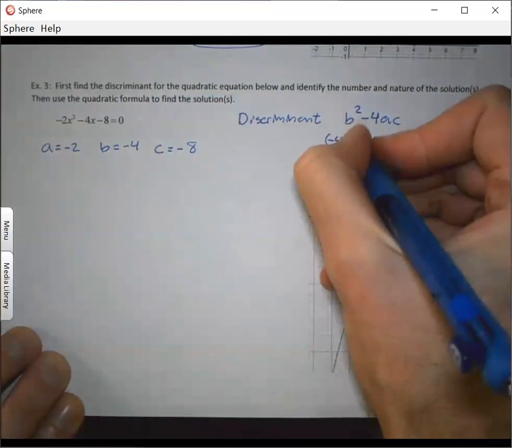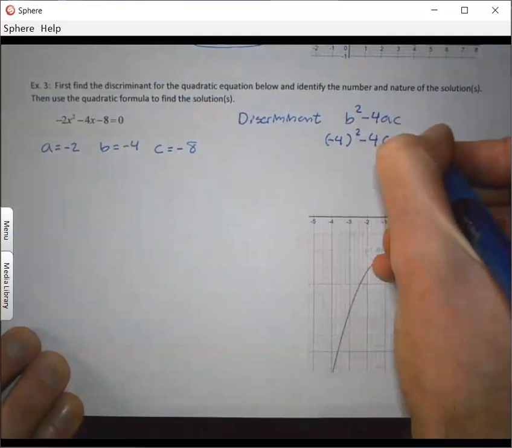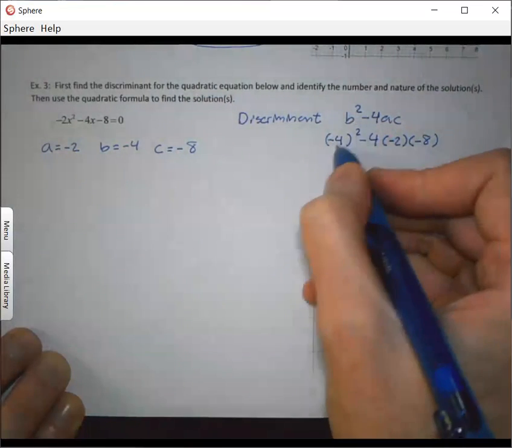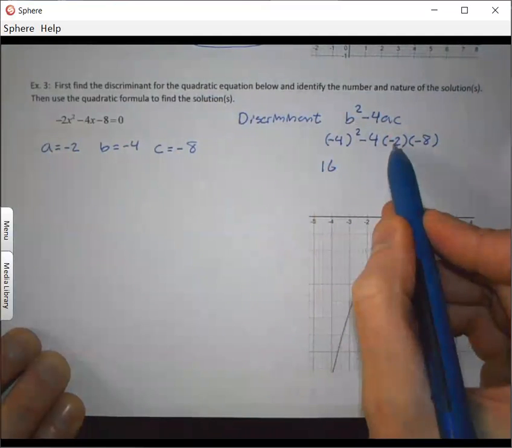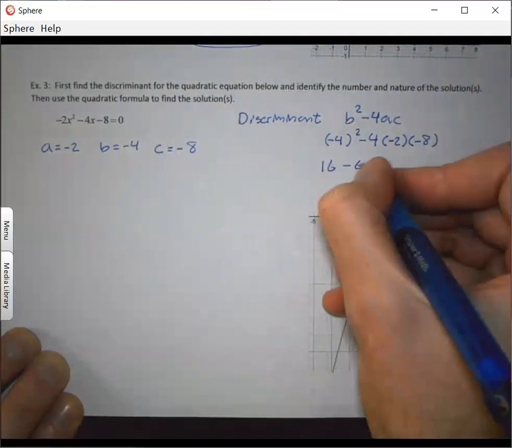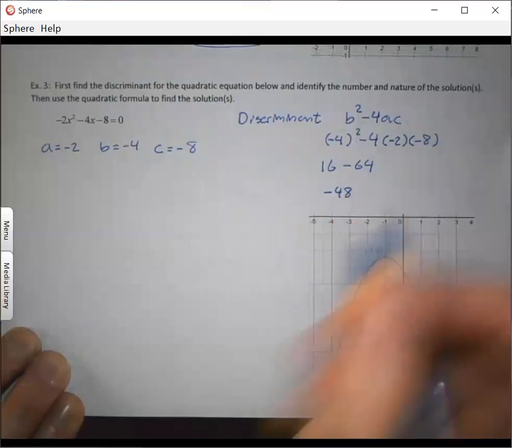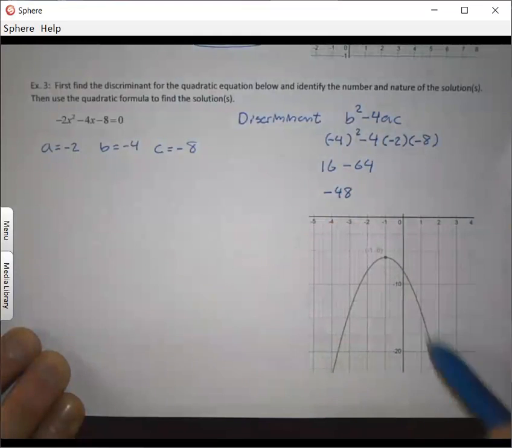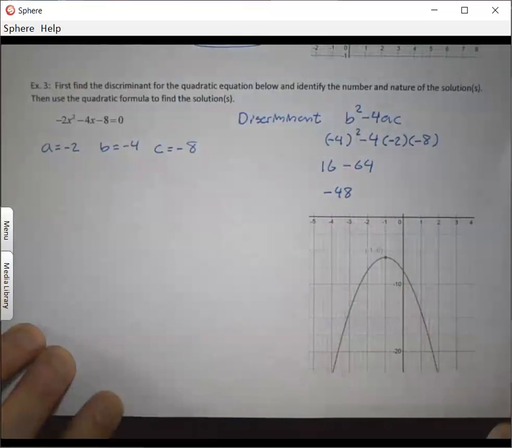So b squared minus 4ac. So negative 4 times negative 4 is 16. Negative 4 times negative 2 is positive 8. 8 times negative 8 is minus 64. 16 minus 64 is negative 48. And then we can see from our given graph, it does not cross our x-axis. So we have no real solutions.